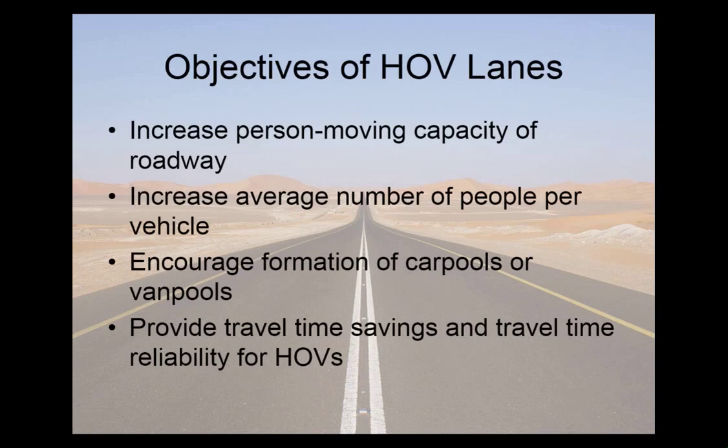This is done by increasing the average number of people per vehicle, since HOV lanes give an incentive for people to carpool. They provide travel time savings and travel time reliability to HOVs, and this encourages the formation of carpools and vanpools.